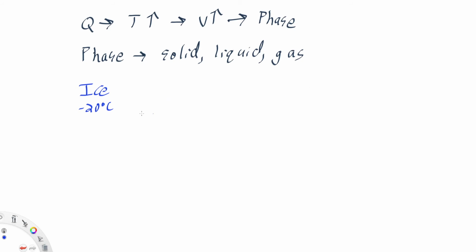If you want to start at minus 20 degrees Celsius and end at, say, 70 degree liquid water, because you want to make a latte, how much energy do you need to add to this ice to get your liquid hot water so that you can make your latte?